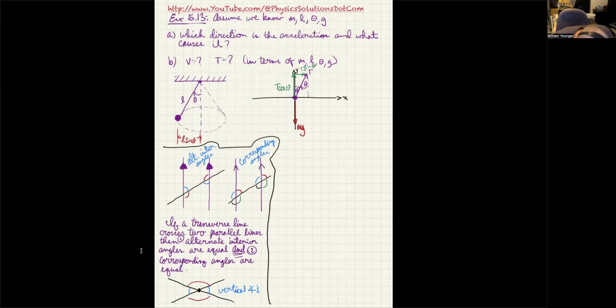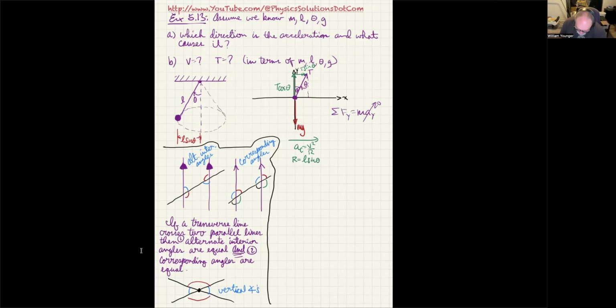So I can now take the summation of the forces in the y direction equals mass times acceleration in the y direction. And again, this acceleration in the y direction is equal to zero because the height of that mass is not changing, so the velocity is not changing, and since the velocity is not changing, the acceleration is zero. Oh, and I should put that the acceleration is a sub c equals v squared over r right there, and r is equal to L sine theta.